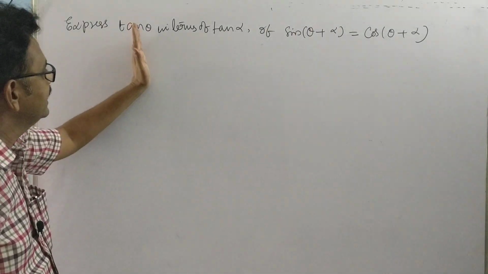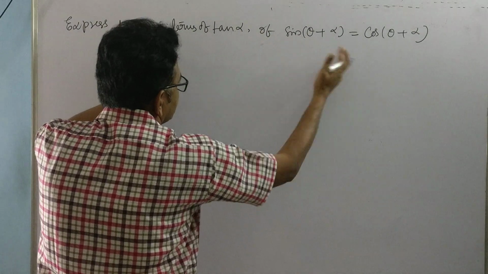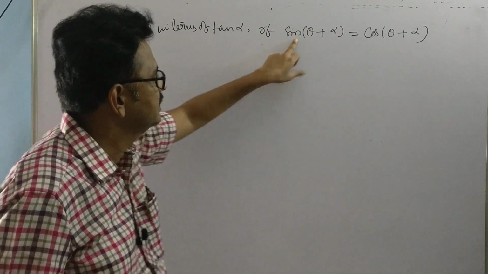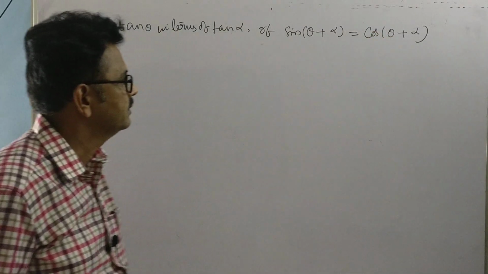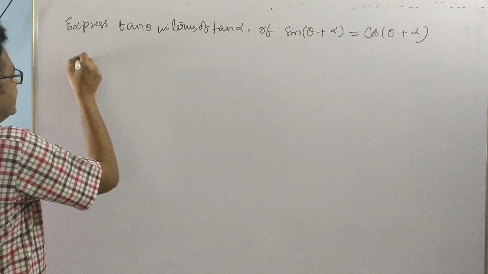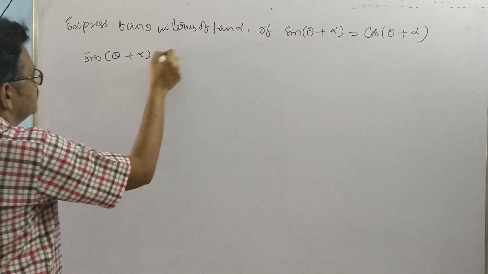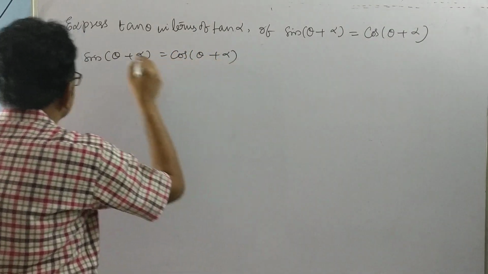So tan theta is equal to, in terms of tan alpha, you can convert. Given that sin of theta plus alpha equals cos of theta minus alpha, this is given.